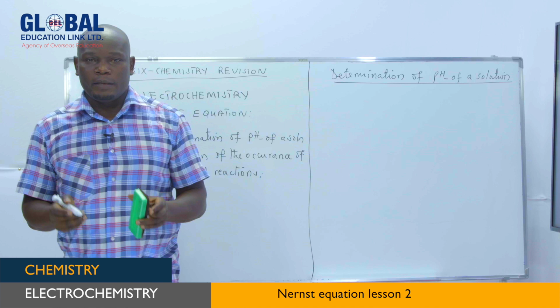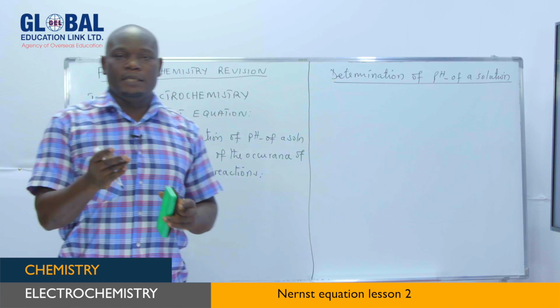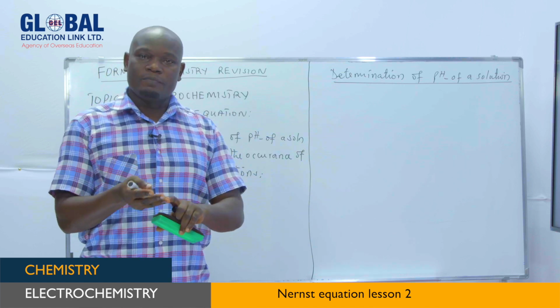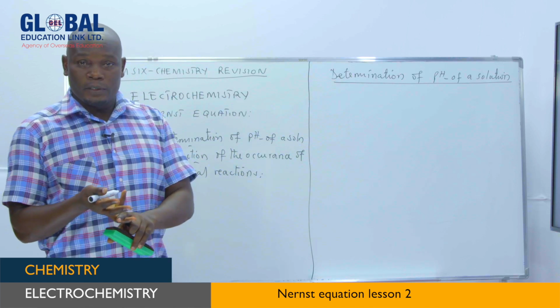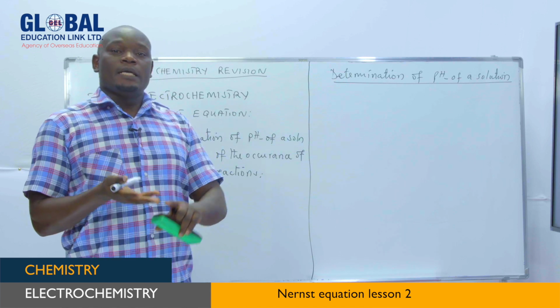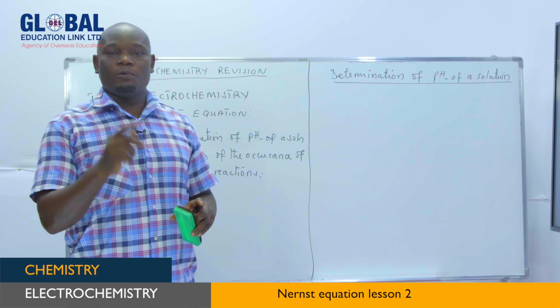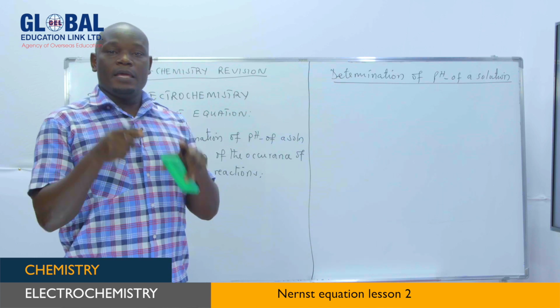Normally, in determining the pH of a solution, you must have two electrodes. One of the electrodes must be the hydrogen electrode, and the second electrode is known as the standard electrode, which is the one with a known EMF.